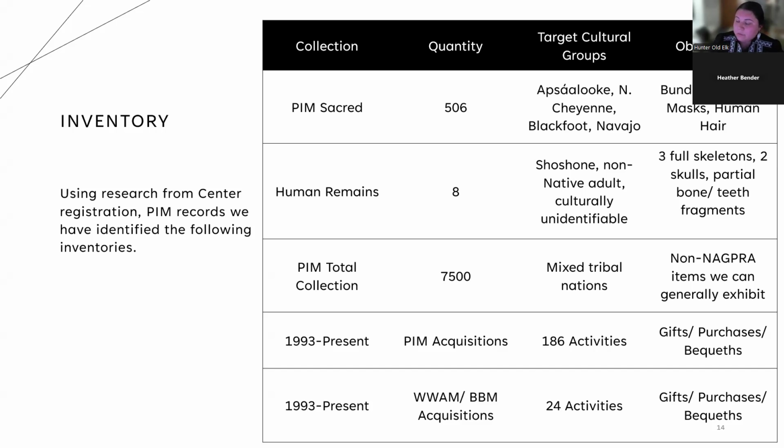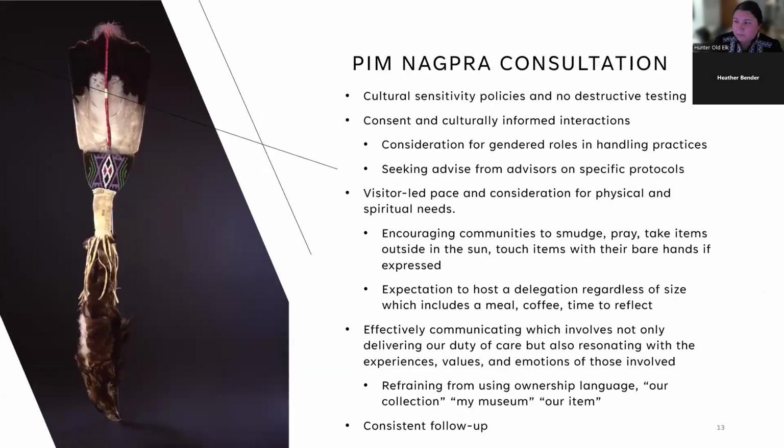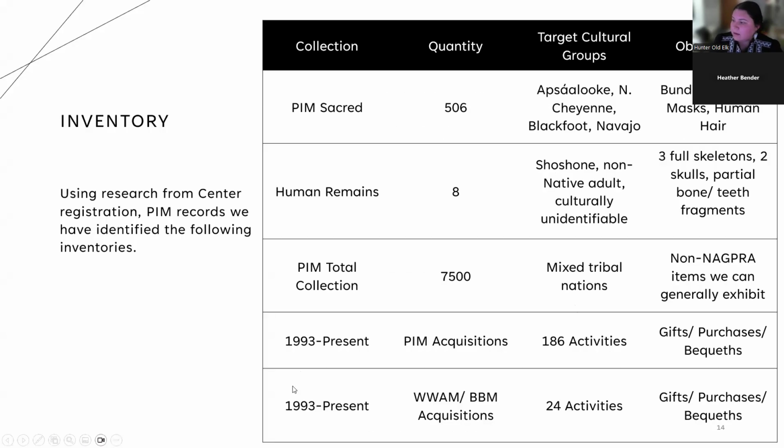Since 1993, and that date is important because that was when cultural institutions needed to provide summaries and inventories to tribal communities, the Plains Indian Museum has acquired what we consider 186 activities.